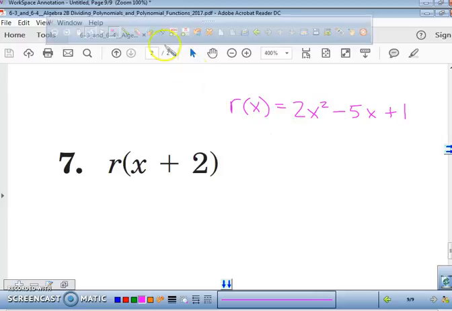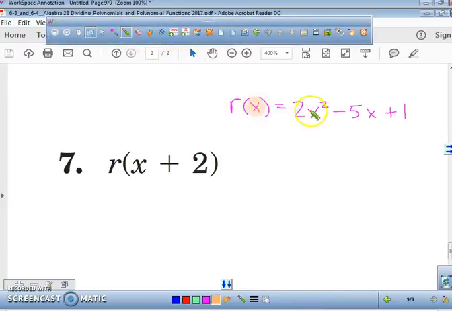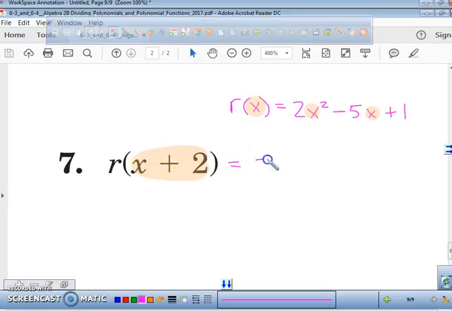Now what we're going to do this time, instead of an x being plugged in, we're going to plug in an x plus 2. So what is r of x plus 2? This is what it equals. 2 parentheses, you're going to plug in an x plus 2 and square. You're going to multiply it by a negative 5 times an x plus 2 and then add 1.